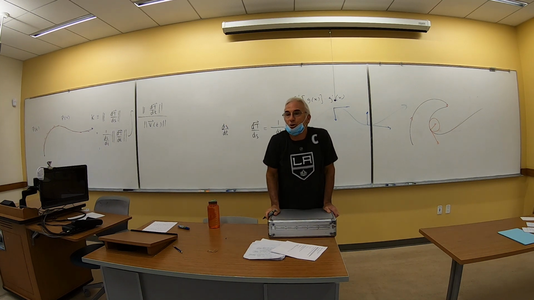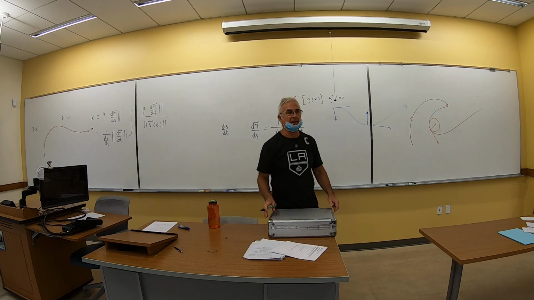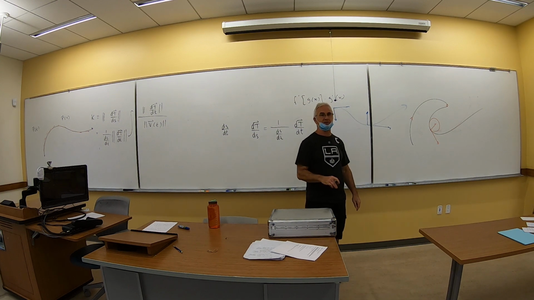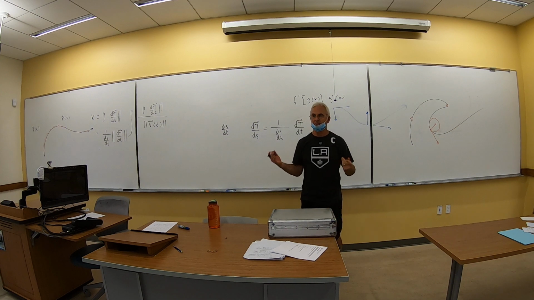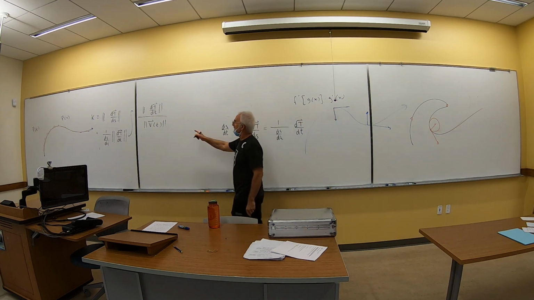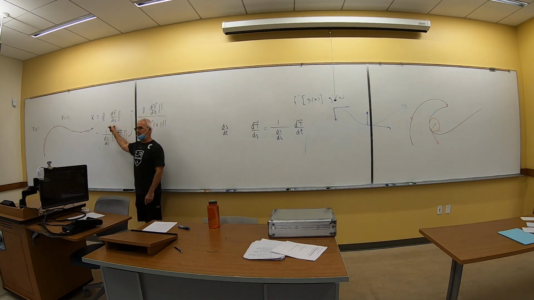So I'm going to show you an alternate route. I call them backdoor methods. Every calculation we do has a direct calculation and an indirect one. Indirect meaning I'm going to show you another way to get to the same result by using basically properties of things. So the curvature, which is defined to be this, you're never actually going to find this.